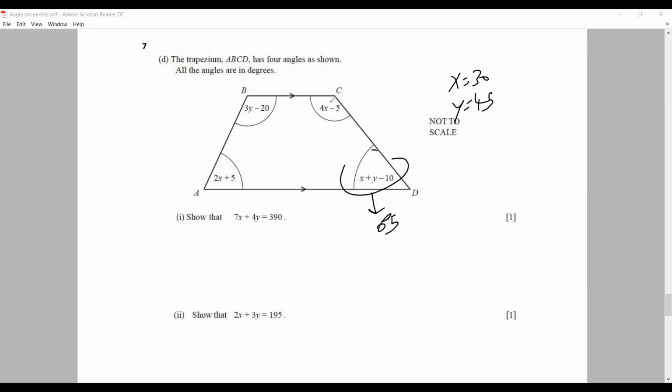This should be 120 minus 5, that is 115. This should be 60 plus 5, and that is 65. And this should be 135 minus 20, 115 as well. Let me double check that very quickly. Yeah, all of them are correct.